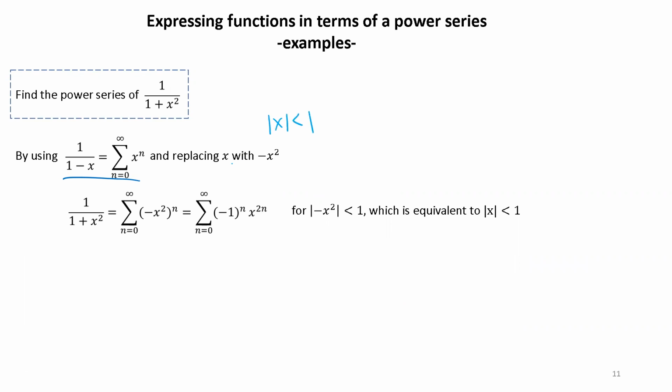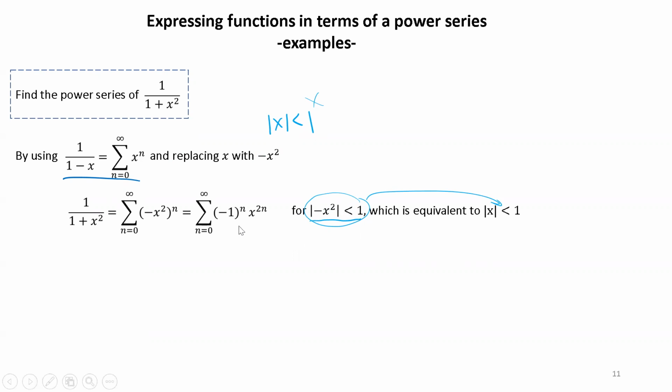Now that you replace x by minus x squared, the interval of convergence is actually this one, but no longer this one. However, luckily this time you can see that this is simply equivalent to this, so you can immediately see that.